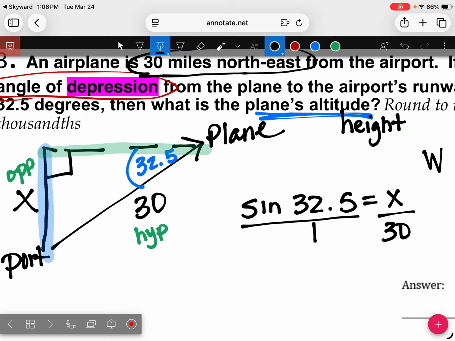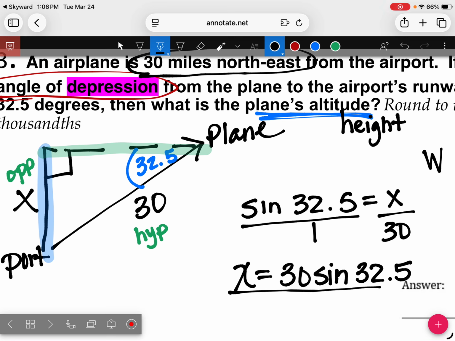We're not doing the inverse because we're not trying to find an angle. We're trying to find a height. Height is not an angle. So x equals 30 times the sine of 32.5.